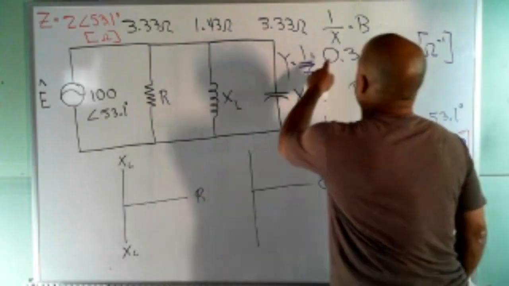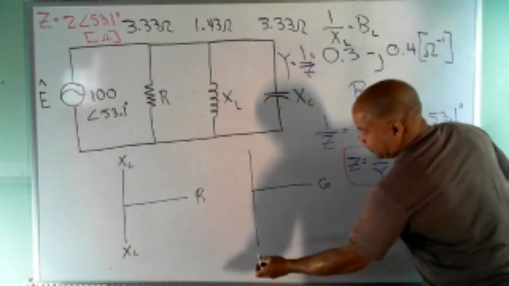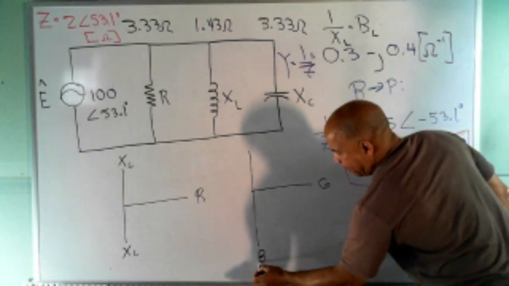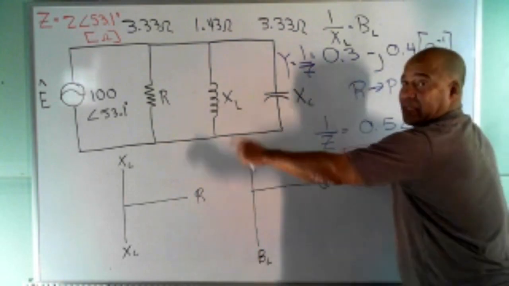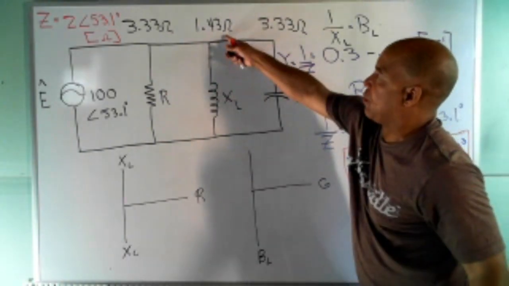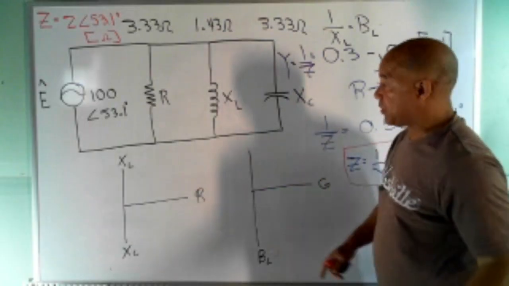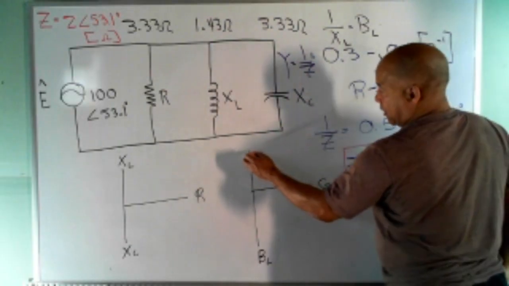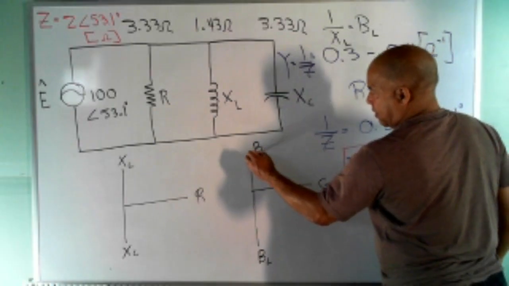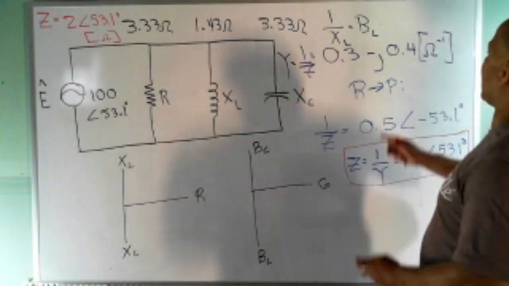So you put the BL down here at the bottom. When we divided, this was at an angle of 90 degrees, and the angle became negative 90. That's why that flips, and the same for this. So this would be BC.